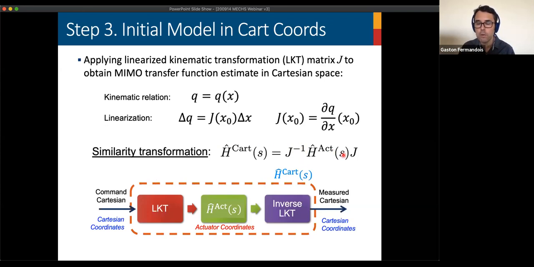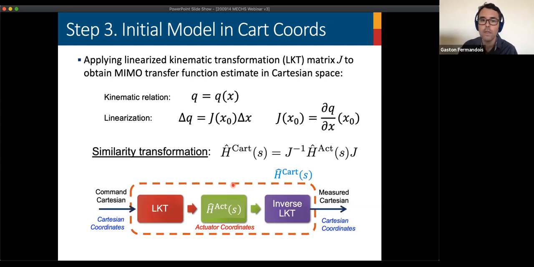this similarity transformation, using the information of the model that we already got for the actuator space, we get the model in Cartesian space. And we use this model as an initial guess to start the optimization in Cartesian space, because if not, there are issues of getting stuck in local minima.